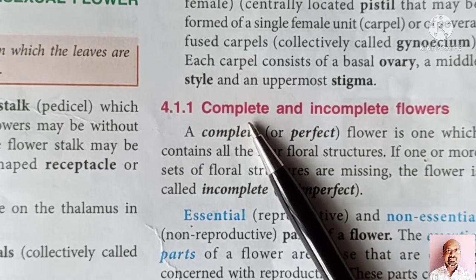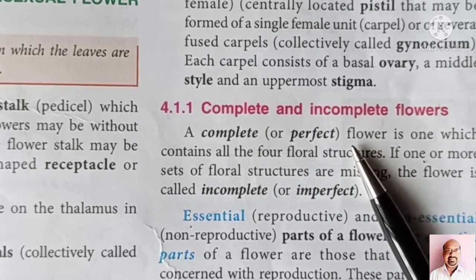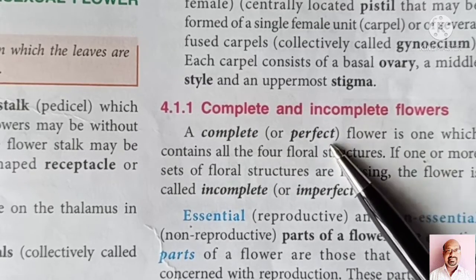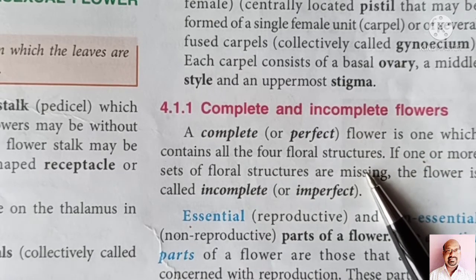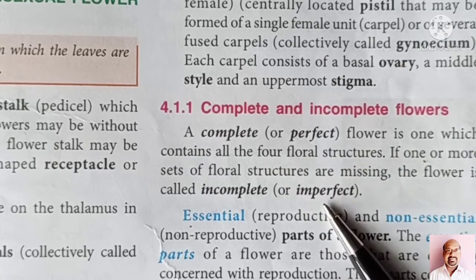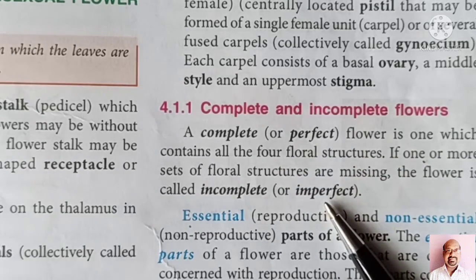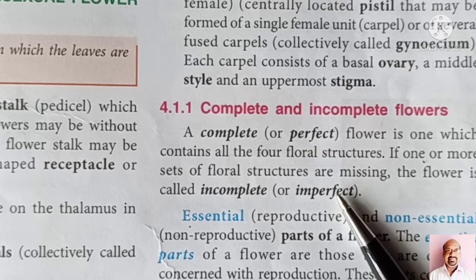One is called complete flower and the other is called incomplete flower. The flower in which all the 4 floral structures are present is called complete flower. If one or more floral structures are missing in any flower, the flower is called incomplete flower.